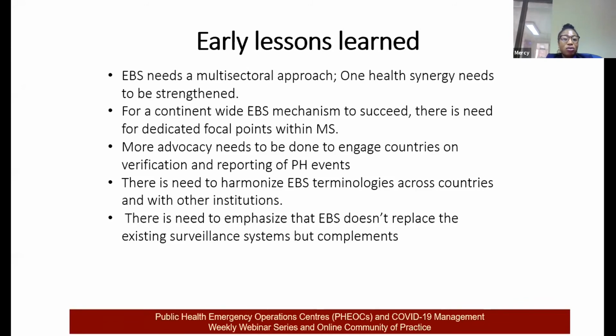And Africa CDC also has the framework, which states clearly that event-based surveillance has to be integrated into the already existing surveillance system on the ground. So EBS is not coming to be a standalone division in any country, but it just comes to fit into the system that already exists and improves on early warning and response. With this said, I am very pleased to have been given this opportunity to present. I'm looking forward to your questions.